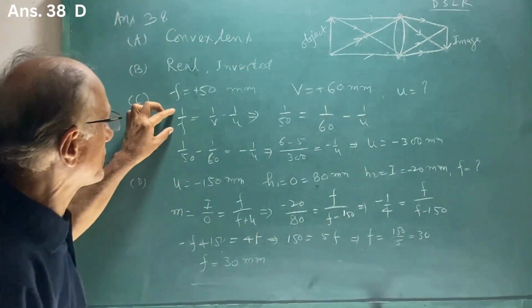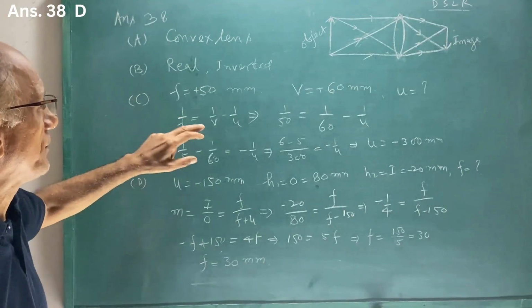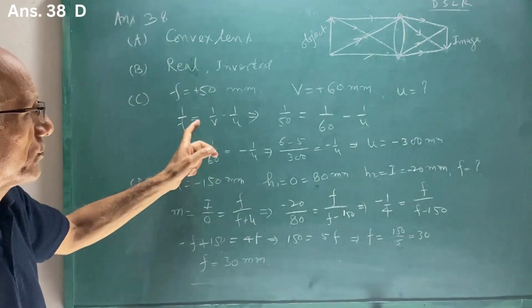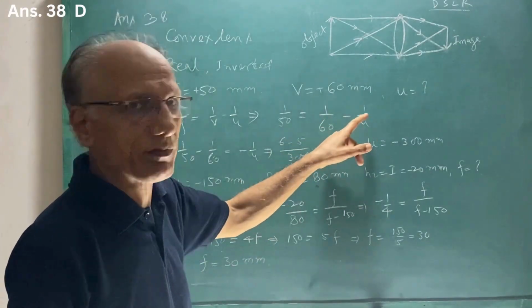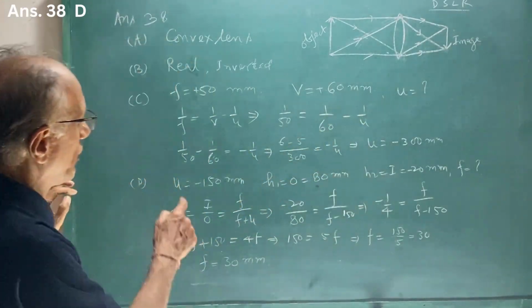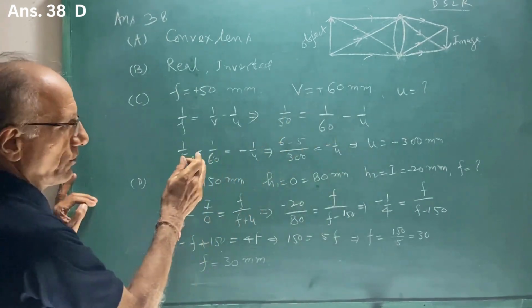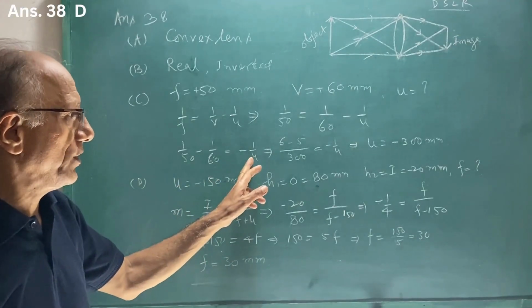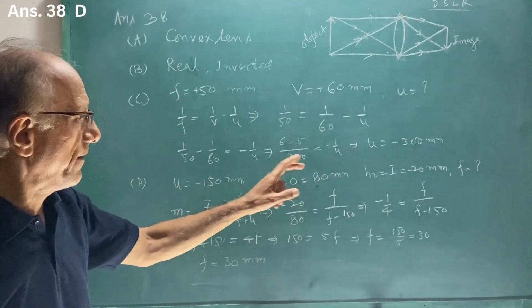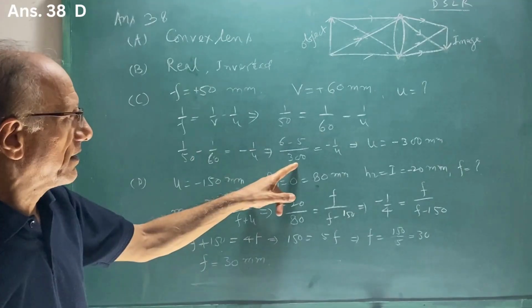So we know the lens formula, 1 by F is equal to 1 by V minus 1 by U. So it is 1 by 50 equals 1 by 60 minus 1 by U. So here 1 by 50 will get transferred over here. So minus 1 by 60 is equal to minus 1 by U. LCM is 300, 5 6s are 30.